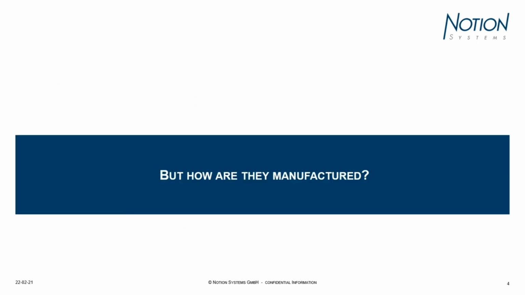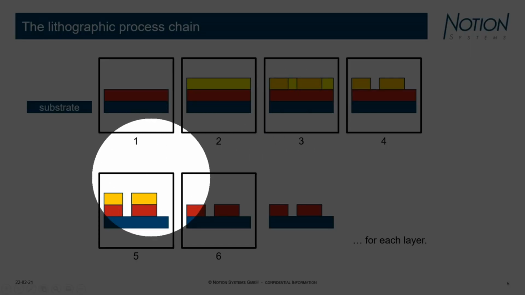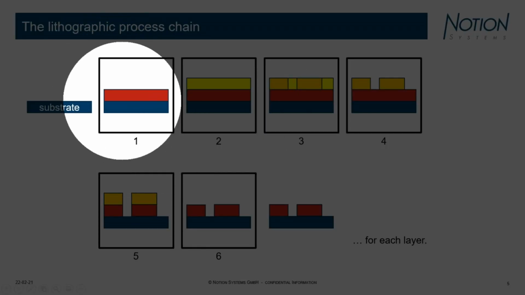So how are they manufactured today? One of the basic process chains in electronics manufacturing today is the so-called lithographic process chain. So there is a coating process, a functional layer.